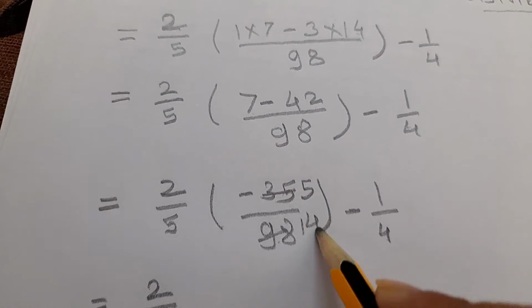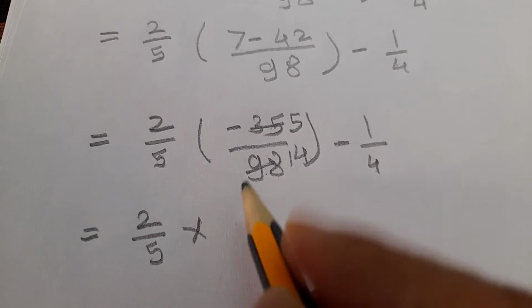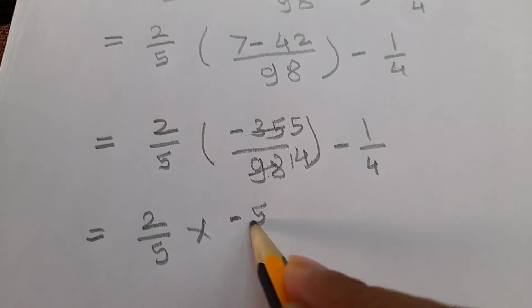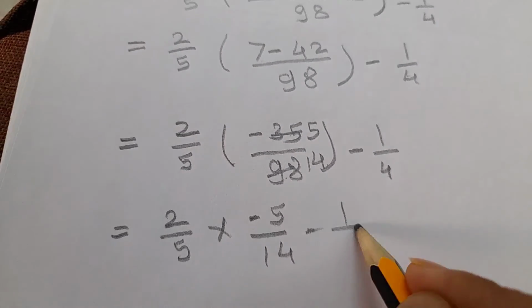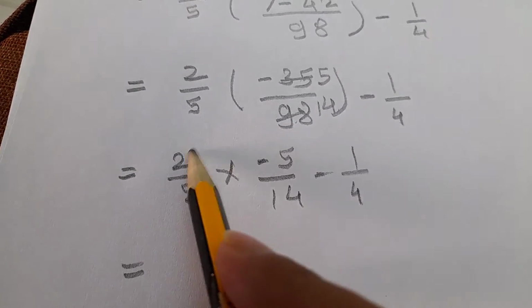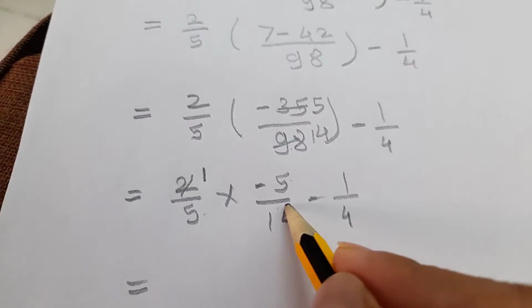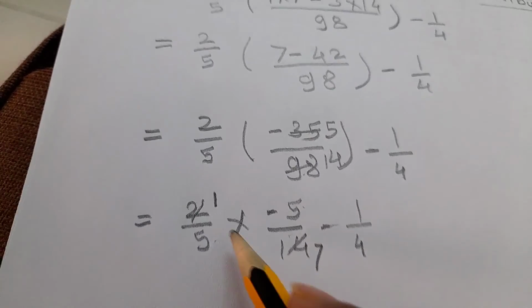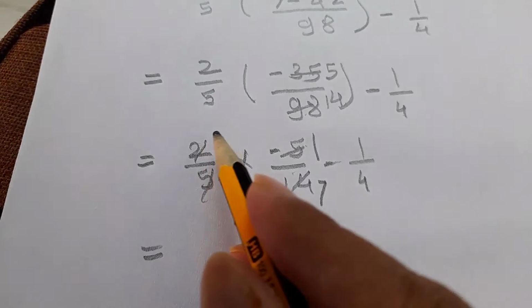Here 7 is a common multiple of numerator and denominator. 7 5s are 35 and 7 14s are 98. Okay, let us multiply this. Here we can simplify. 2 7s are 14, 5 gets cancelled.